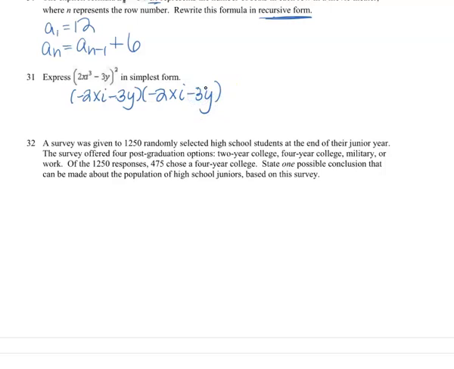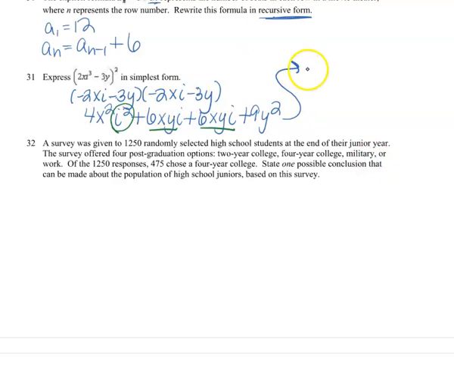Pen is not wanting to work right now. Okay, so now I'm just going to FOIL. Now, what I'm noticing here is that these are like terms, so I can combine that to a 12xyi, and i squared is -1.